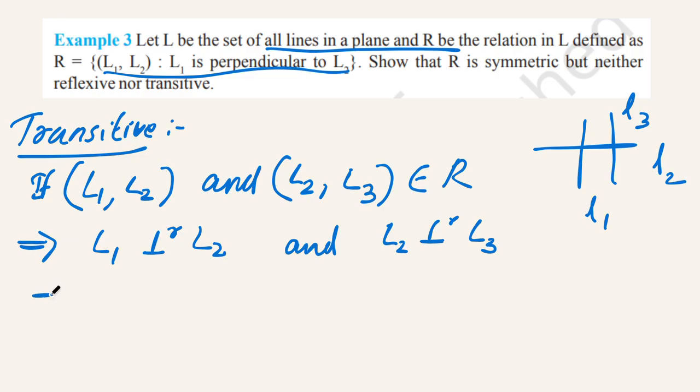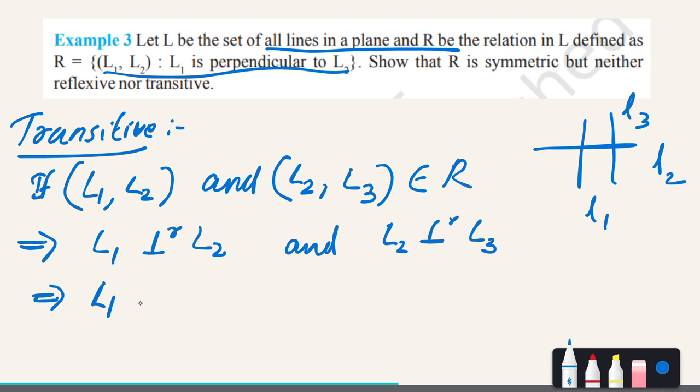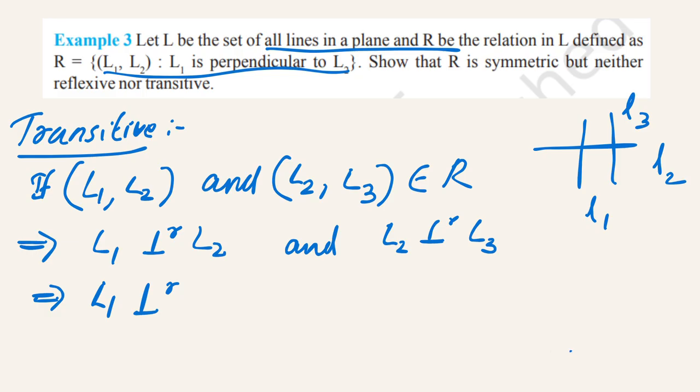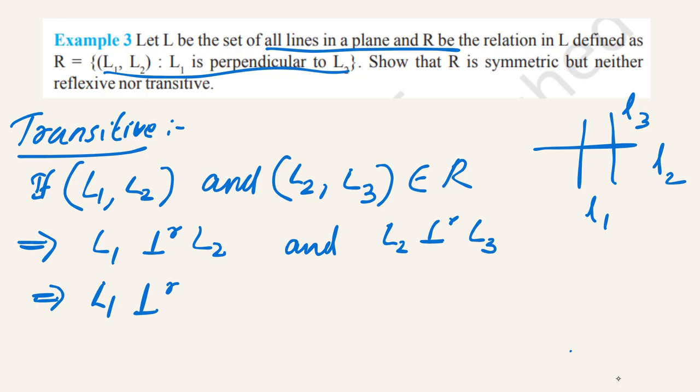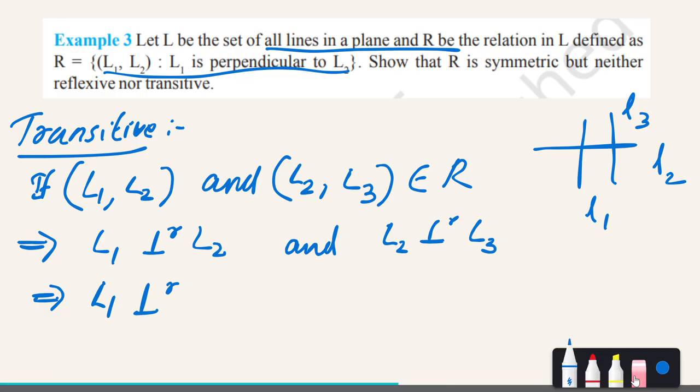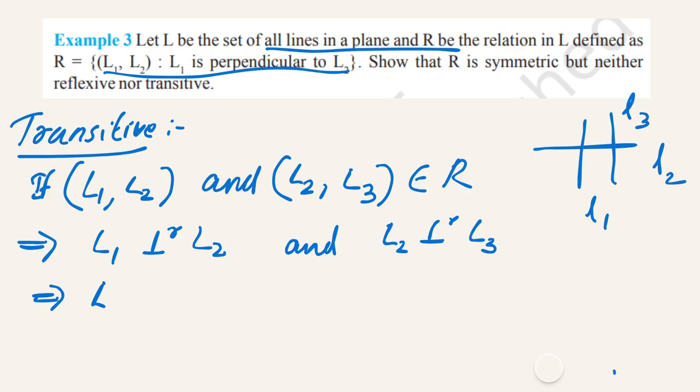No. We cannot say that L1 is perpendicular to L3. That means we have to say that L1 is not perpendicular to L3.